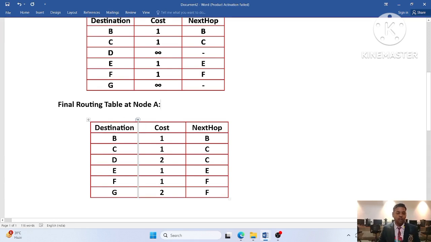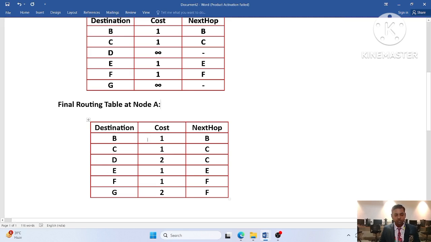Once this final routing table has been created, this routing table also will be shared. Since we know the third key aspect is every router shares its knowledge about the whole network only with the neighbors at regular intervals. So at regular intervals, it will share its routing table.